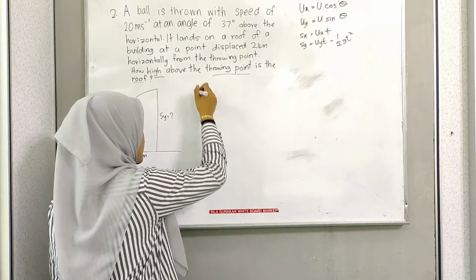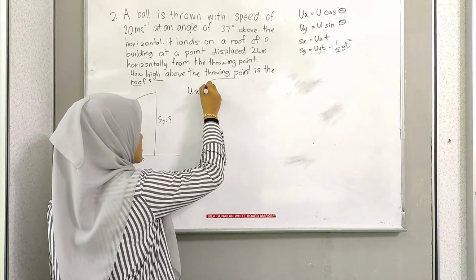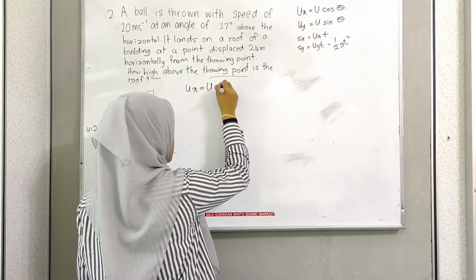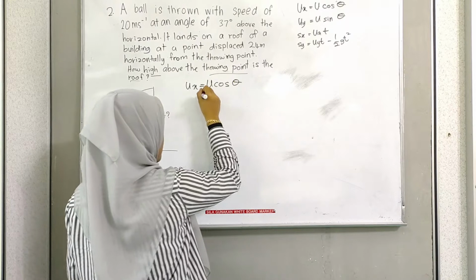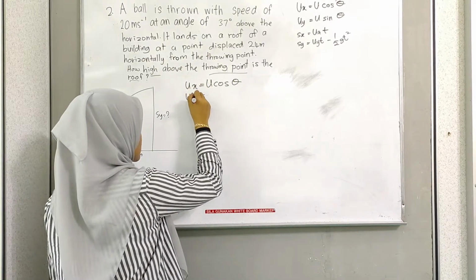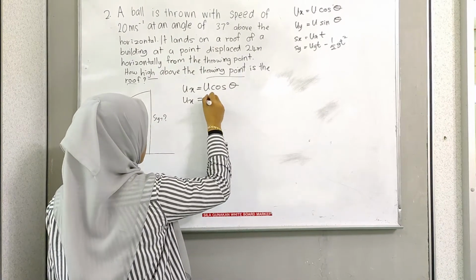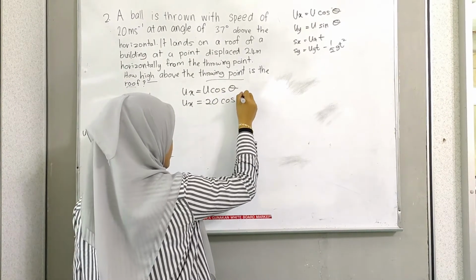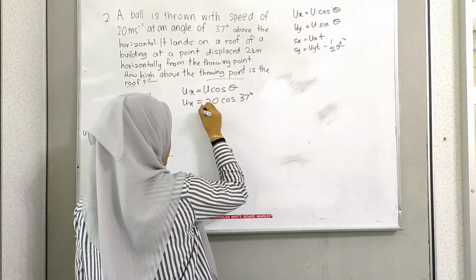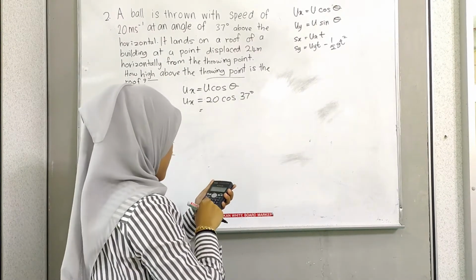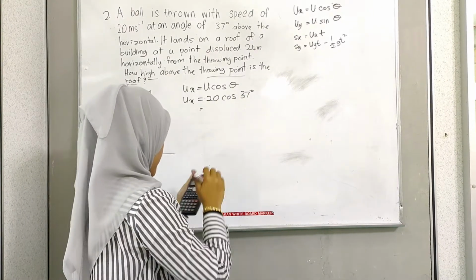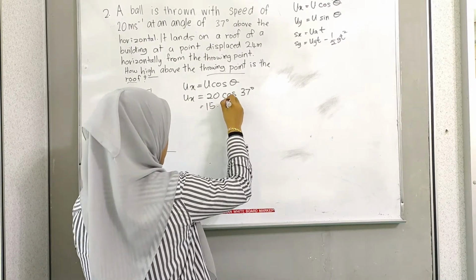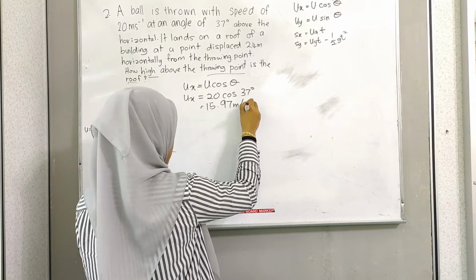First, we have to find the ux, using the formula ux equal to u cos theta. Ux equal to 20 cos 37 degree, which is 15.97 meter per second.